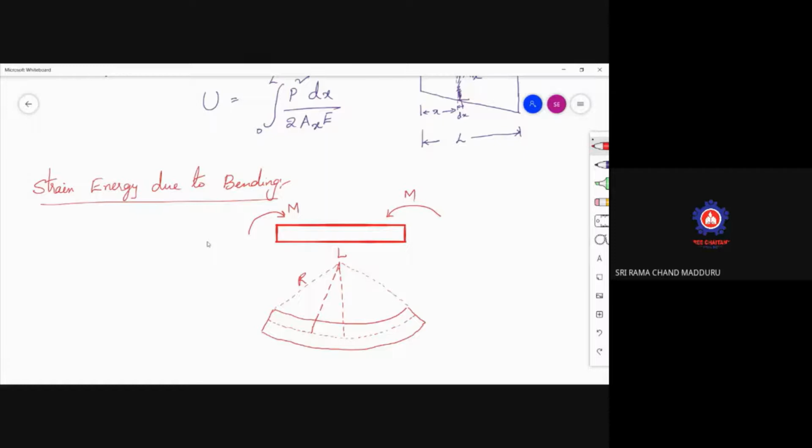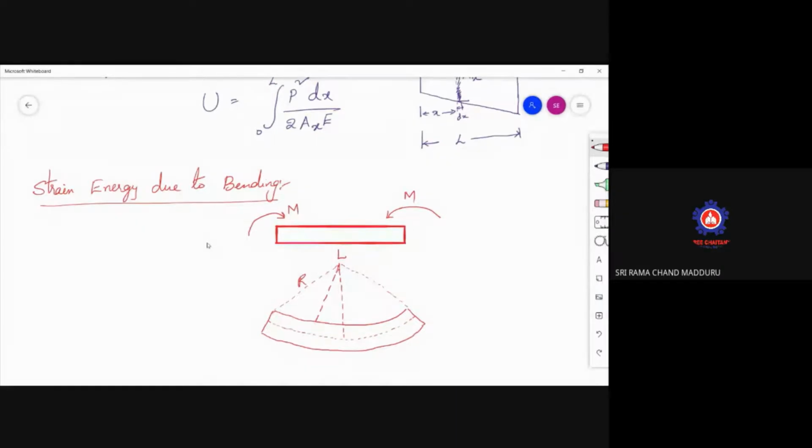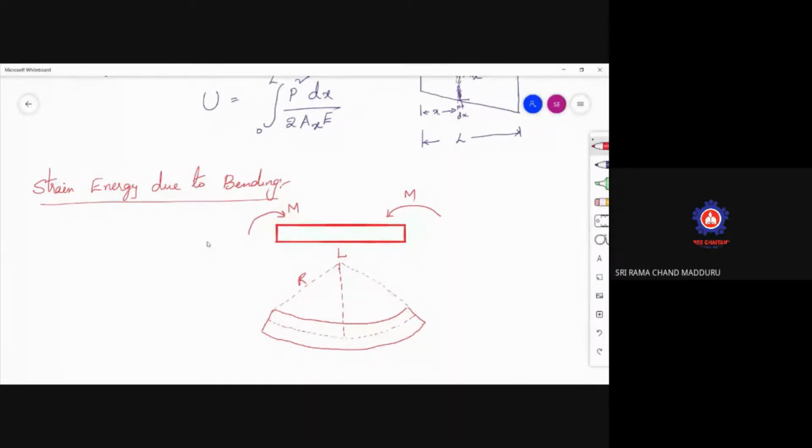So consider a small element. First, you listen, then you will understand the concept. We are considering a small element along the curvature, whose length is ds.